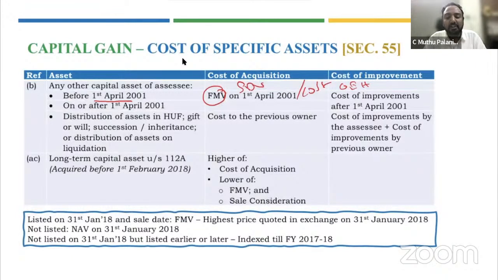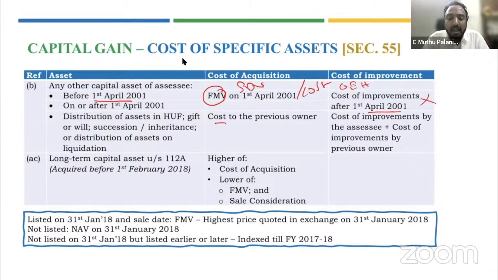So fair market value or stamp duty value, whichever is higher, you have to consider. If the cost is also provided, cost or fair market value, whichever is higher. And any cost of improvement till 1st April 2001 will not be considered. What about if it is distributed as a gift or something? We already said it is the cost to the previous owner, cost of improvement of the assessee plus cost of improvement of the previous owner.